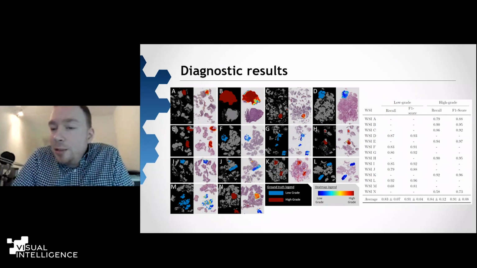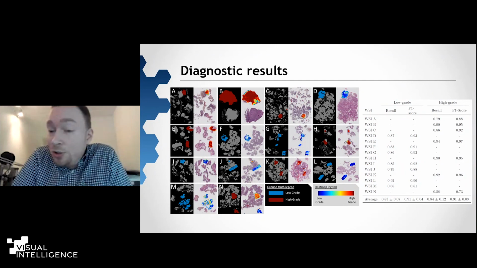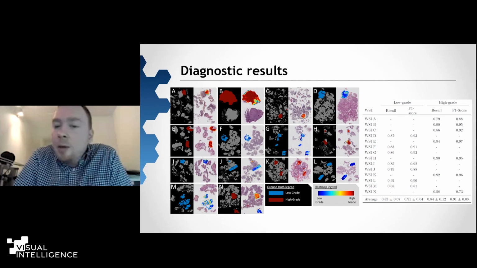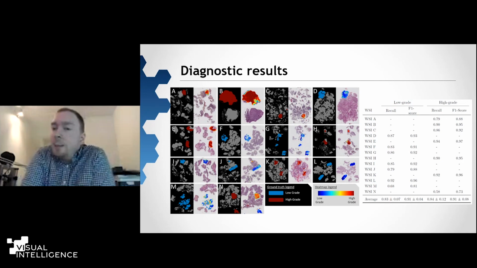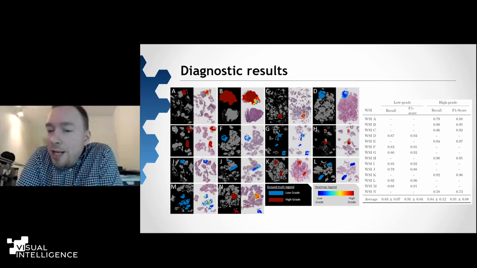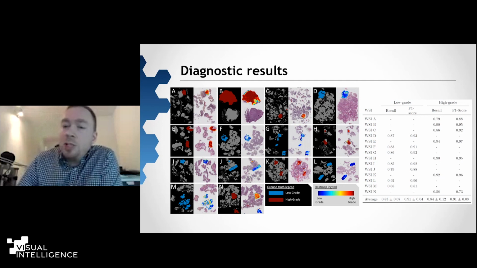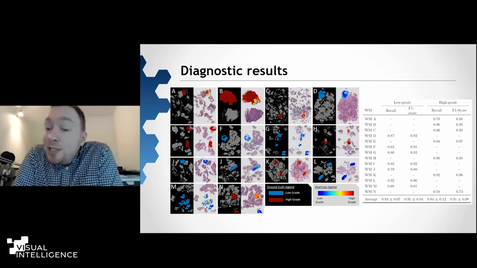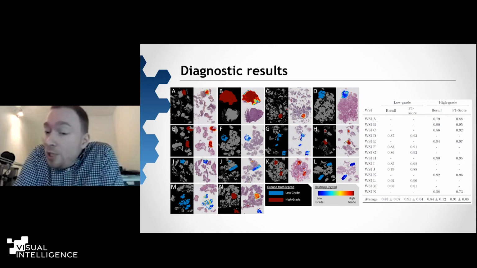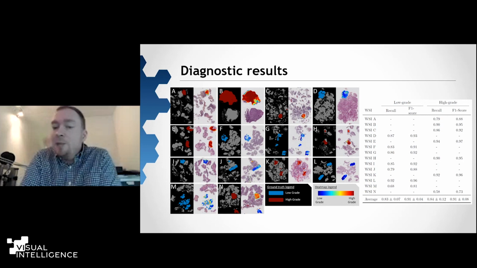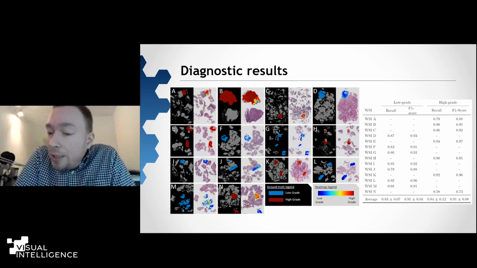Here is the full list of all 14 slides annotated by the pathologist. And to the right is a table showing the result for each slide. As we can see, the model does an excellent job at correctly predicting the regions. However, if we look closely at image N down here, we see that the pathologist has annotated a high-grade region and the model has predicted it as low-grade.